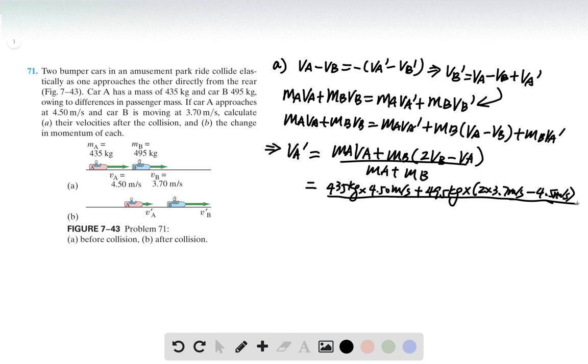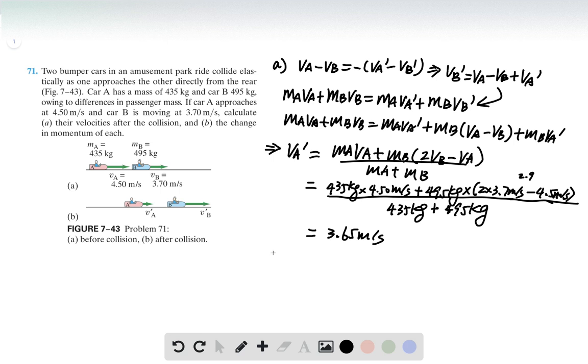So it's 7.4 minus 4.5, which is 2.9. Divided by the sum of them, 435 kilogram plus 495 kilogram. So after putting everything into the calculator, we get 3.65 meters per second. This is the velocity of car A after the collision.